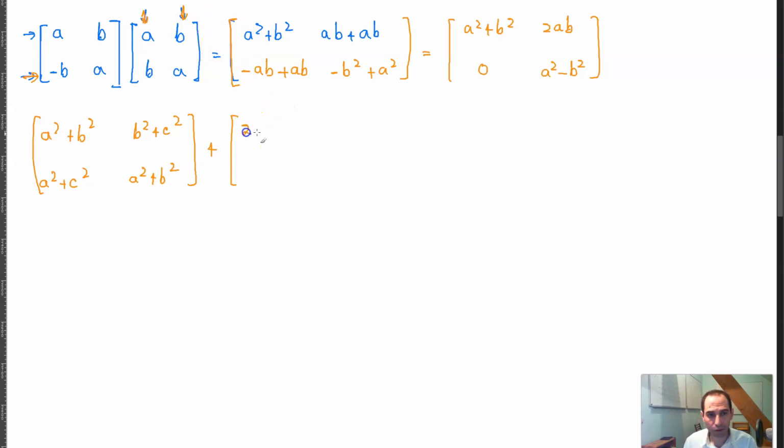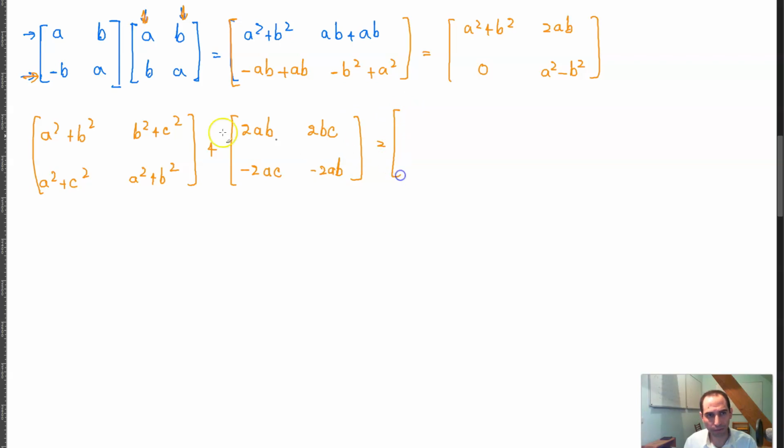So this is 2 times AB, this is 2 times BC, this is negative 2 AC, and this is negative 2 times AB.